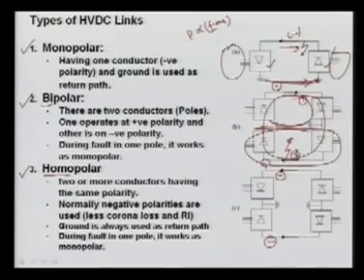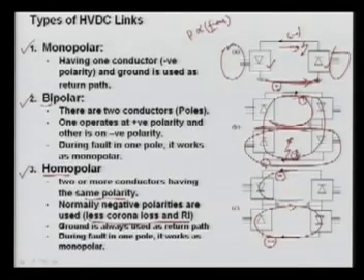So two or more conductors having the same polarity, here I have shown two conductors, is the homopolar. Normally negative polarities are used due to less corona and radio interference. Another problem is that every time we are using ground as the return, the current will be flowing like this.